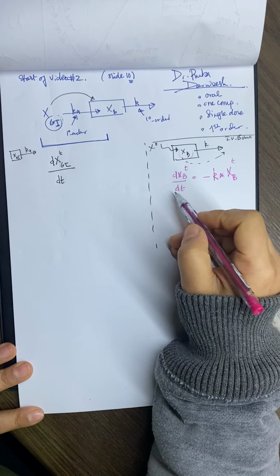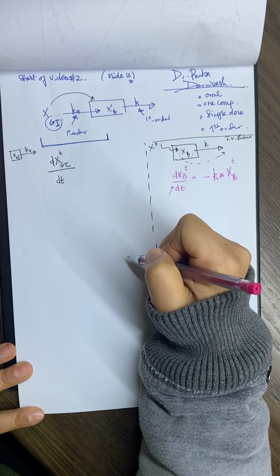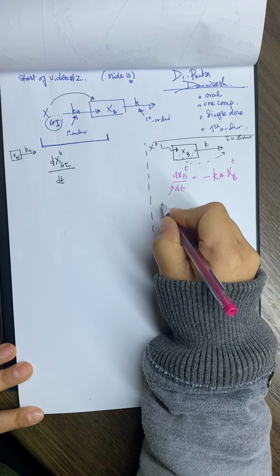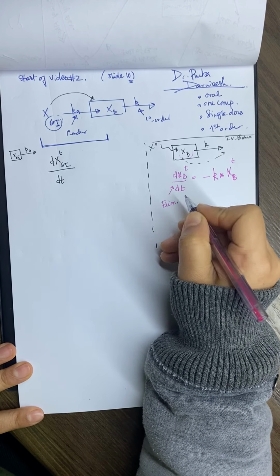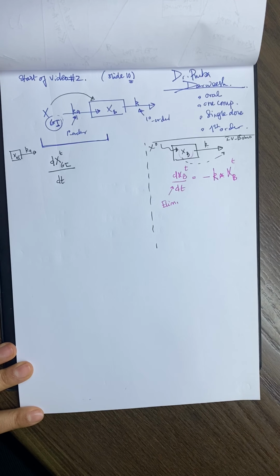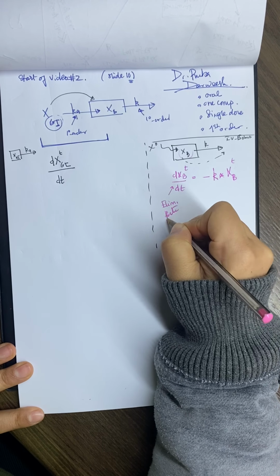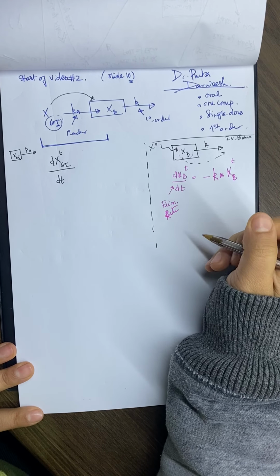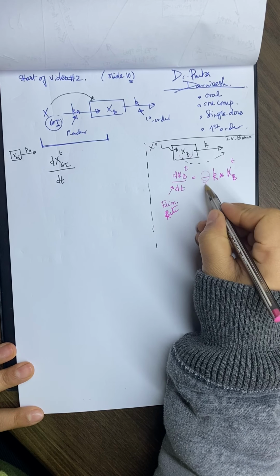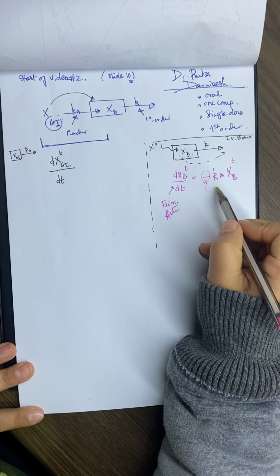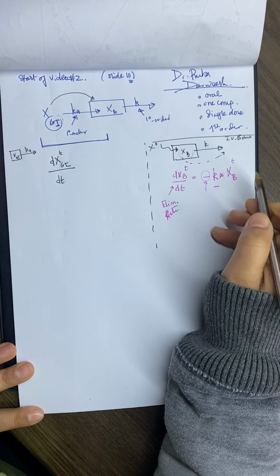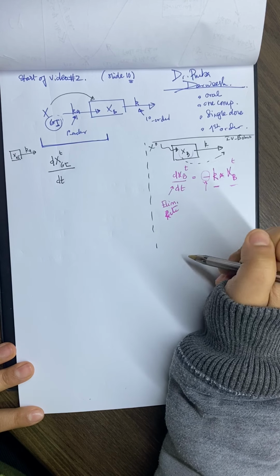This is the rate of change in the amount per unit of time, and we called it the elimination rate. It was equal to minus, because it's decreasing, k, which is the first order elimination rate constant, times xp.